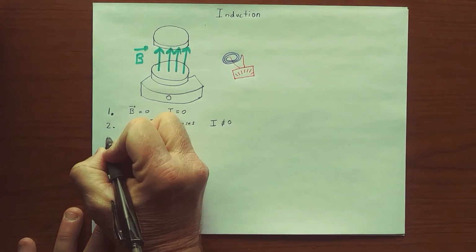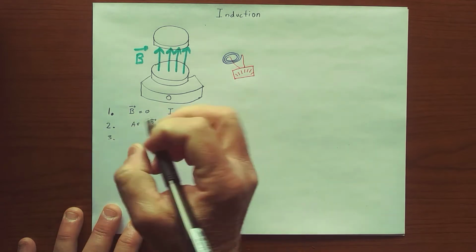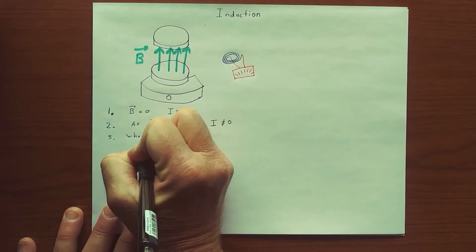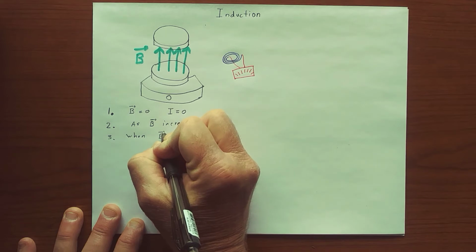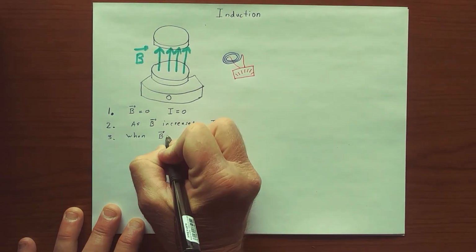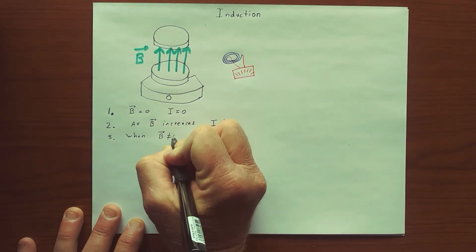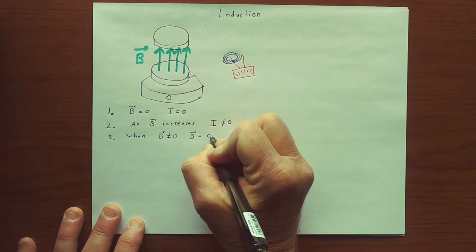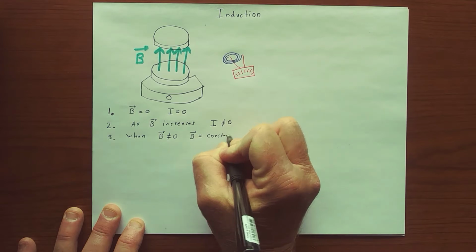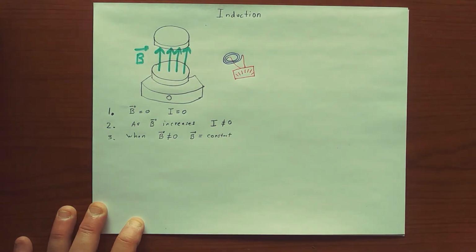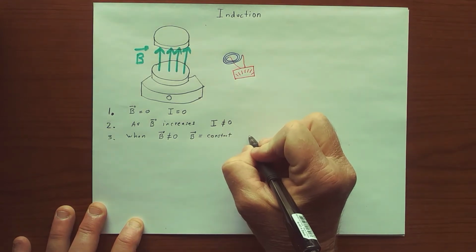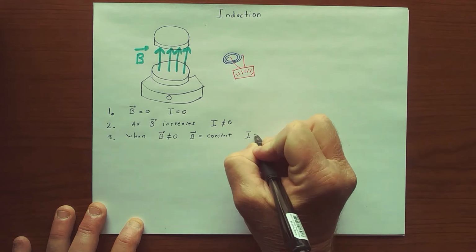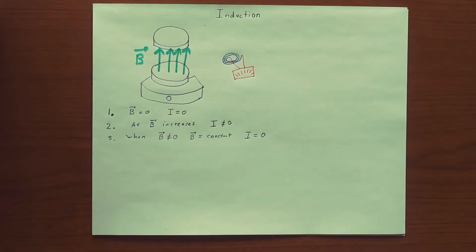Okay, but when B stops increasing, so B is not equal to 0, but it's not increasing, so B is equal to a constant, then we have the current back to 0.